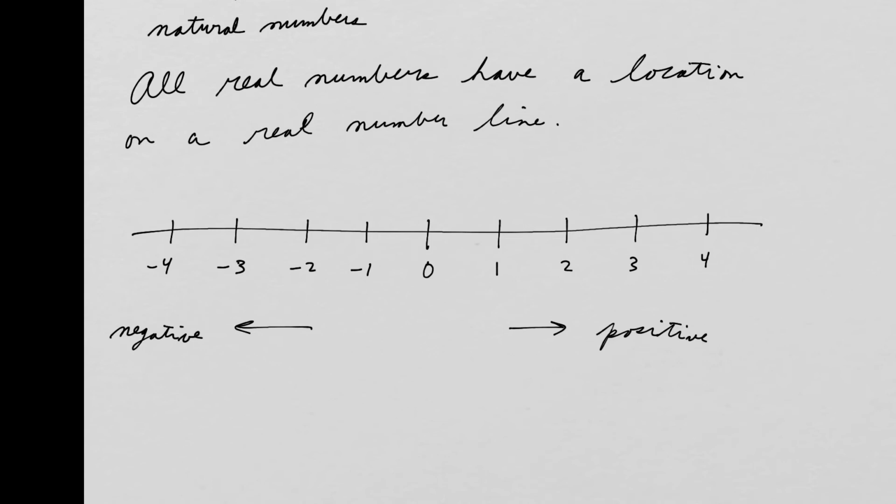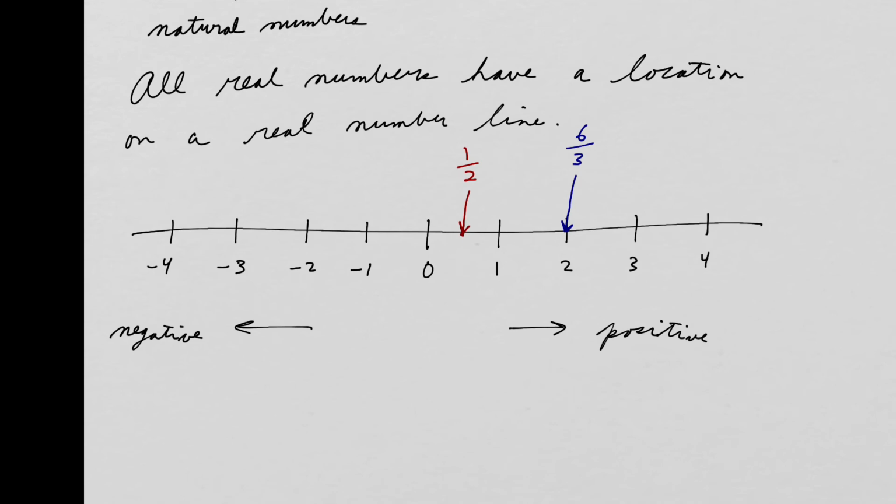So, for example, let's say I give you the rational number, say 6/3, right? Well, that's really just 2. It simplifies to 2. So that has a home on the real number line right here. Let's say I give you the number 1/2. Well, that has a home right here, between 0 and 1. So right there would be 1/2.